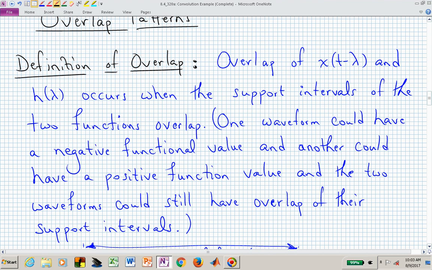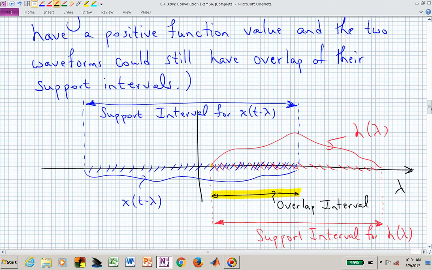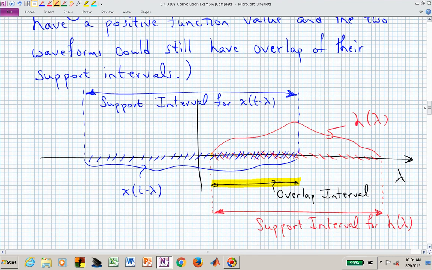So overlap occurs when the support intervals of the two functions overlap. One waveform could have a negative functional value and another waveform could have a positive functional value, and the two waveforms could still have overlap of their support intervals. So when I'm talking about overlap, I'm referring to their support intervals.